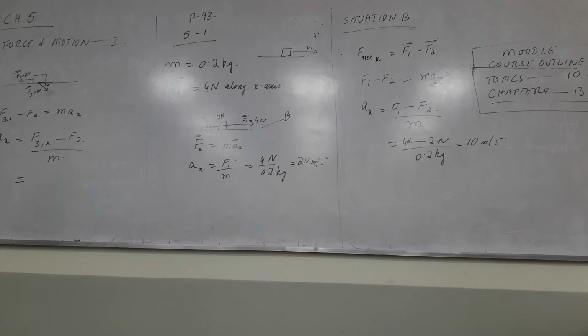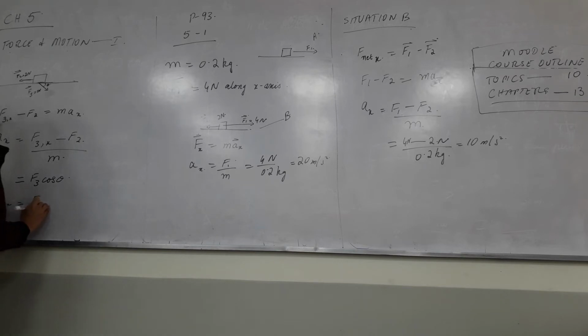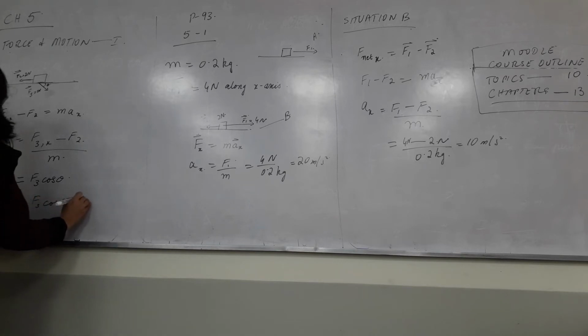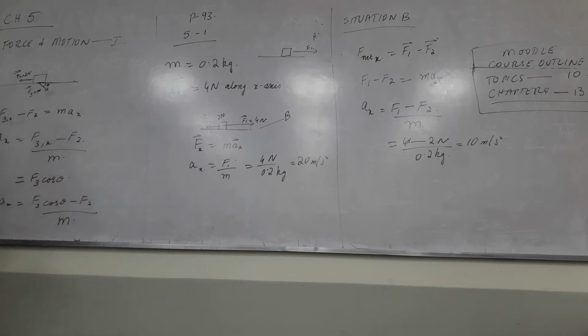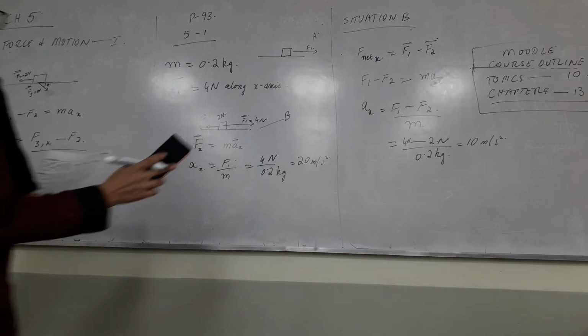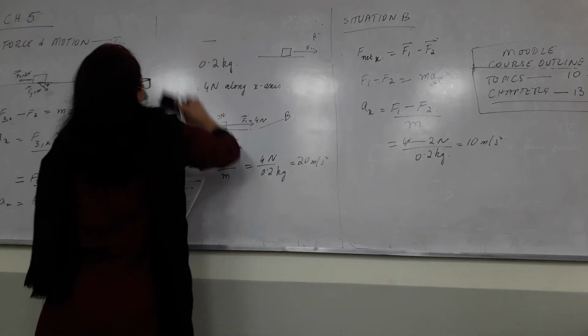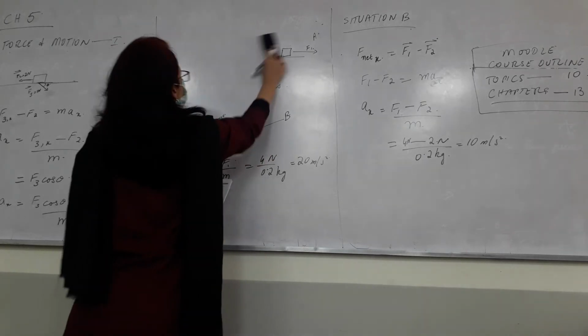So, what will be the horizontal component of F3? F3x is equal to F3 cos theta. So, therefore, Ax is equal to F3 cos theta minus F2 divided by m. Now, you can put the values. This is situation number C.